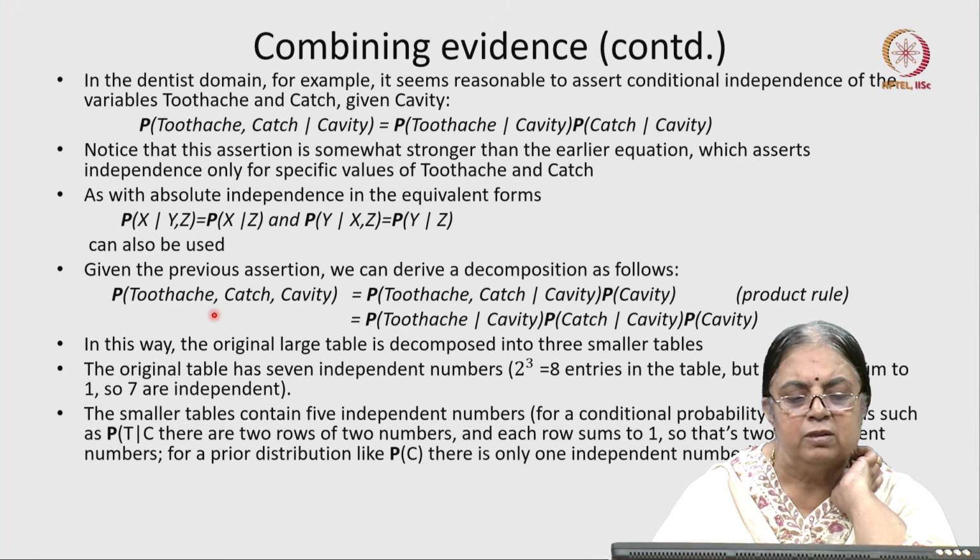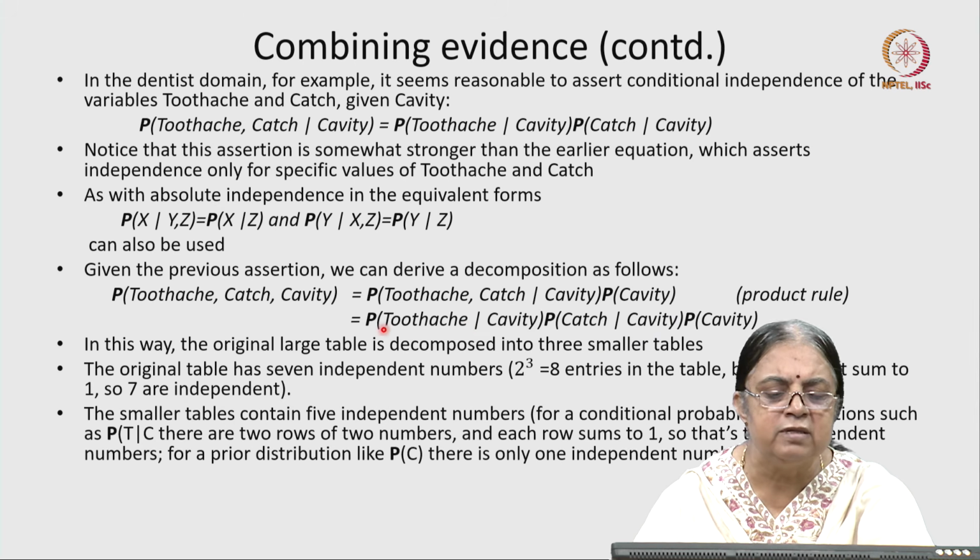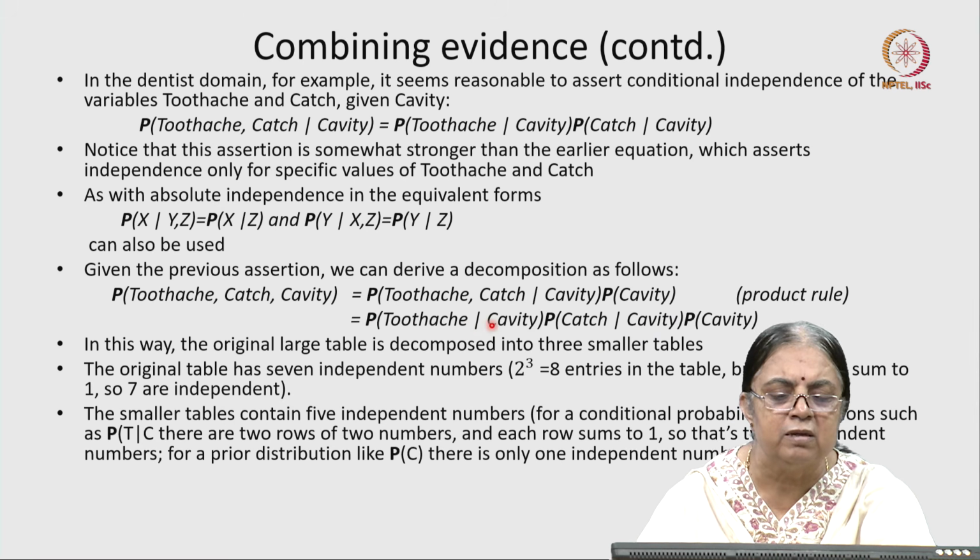You can get a decomposition in this way. The probability of toothache, catch, cavity is equal to the probability of toothache and catch given cavity times P of cavity. And we can write this as the probability of toothache given cavity, times P of catch given cavity, times P of cavity. So you can bring it down to this form.